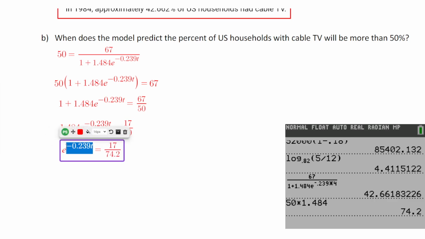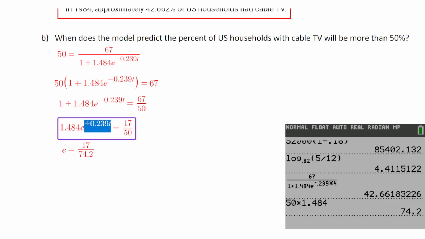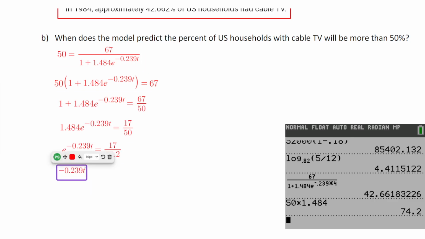And so this negative 0.239 times t is going to equal the natural log of 17 over 74.2.